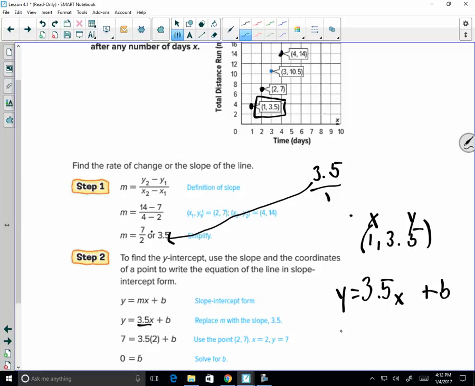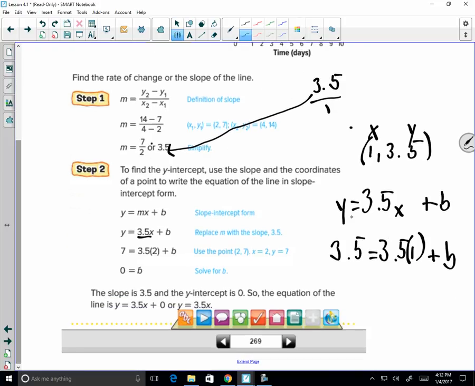If y is equal to 3.5, well, I need to write that instead of the y in y equals 3.5x, and x in this case is actually 1, so times 1 plus b. And then I can just solve for my b and find my y-intercept this way.